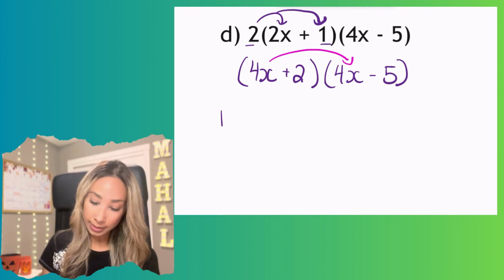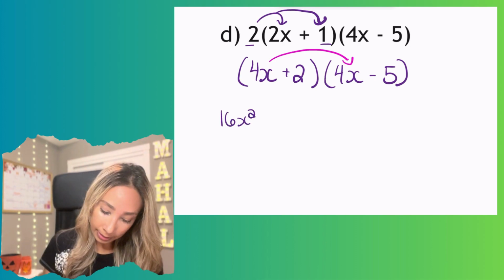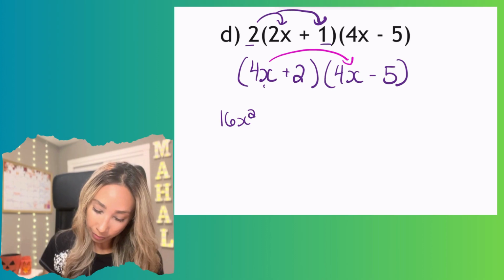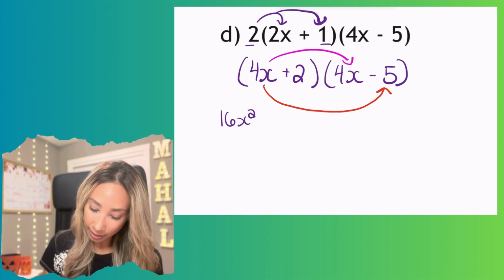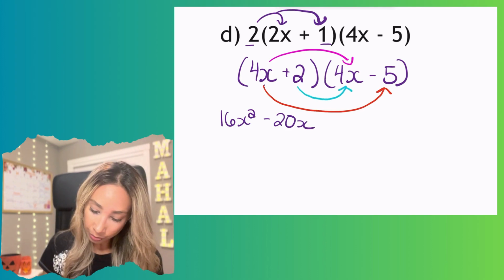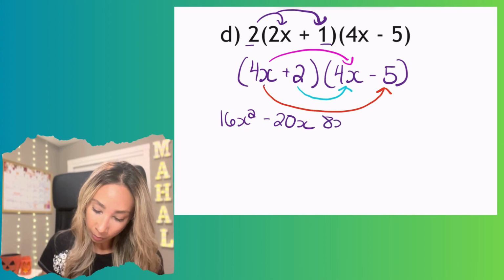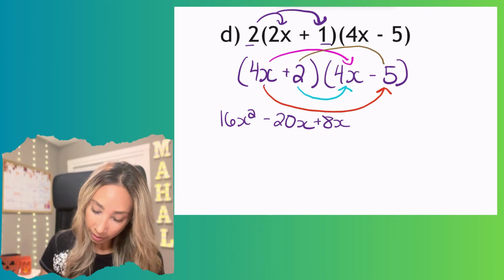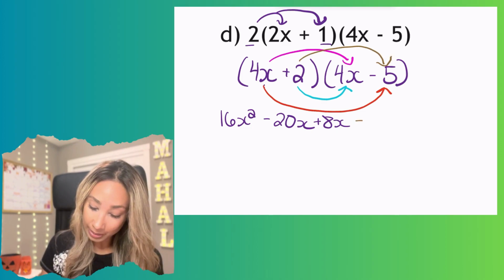4x times 4x is 16x squared. 4x times negative 5 is going to get me to negative 20x. And 2 times 4x will get me 8x. And finally, our last one is 2 times negative 5.